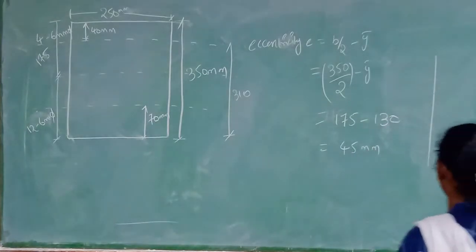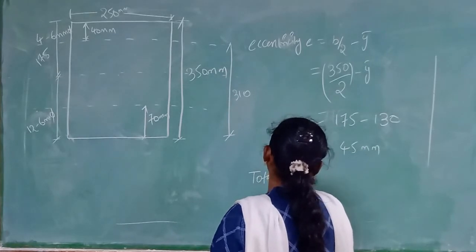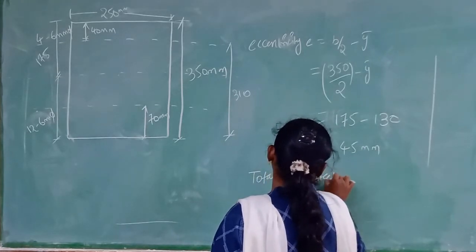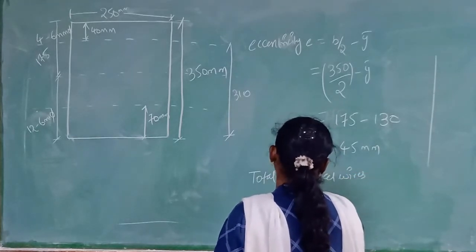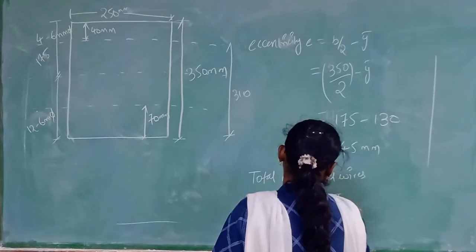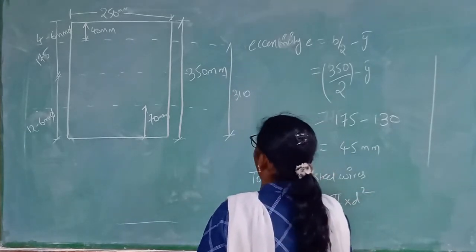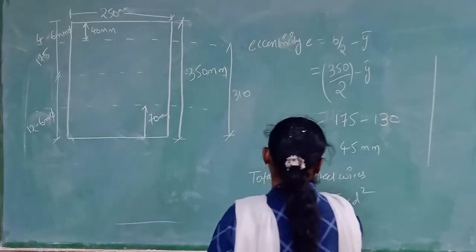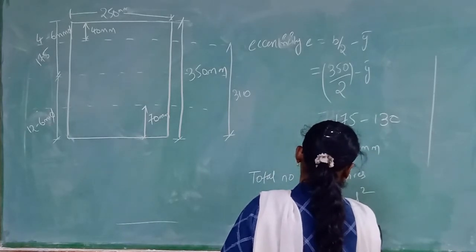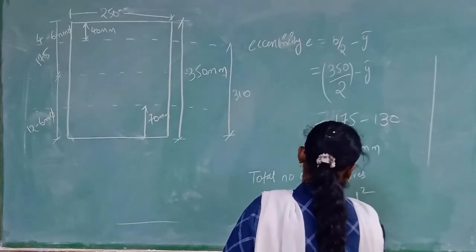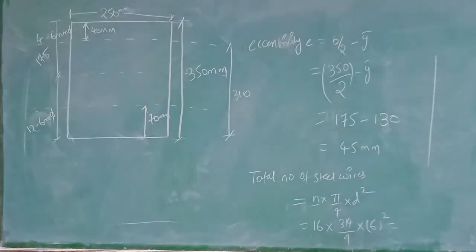Next, we need to calculate the total area of steel wires: N into pi by 4 into d square. How many bars do you have? N is 12 plus 4, 16, into 3.14 by 4, and the d is the same.